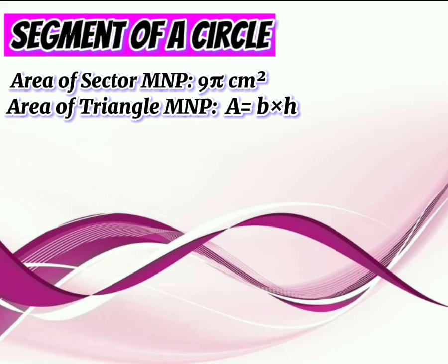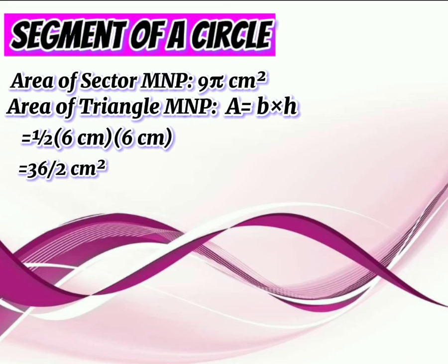So if we substitute, that will become 1/2 times base 6 cm times height 6 cm. Simplify: 1 times 6 times 6 is 36 over 2 cm, and 36 divided by 2 is 18 cm squared. So that is the area of the triangle.